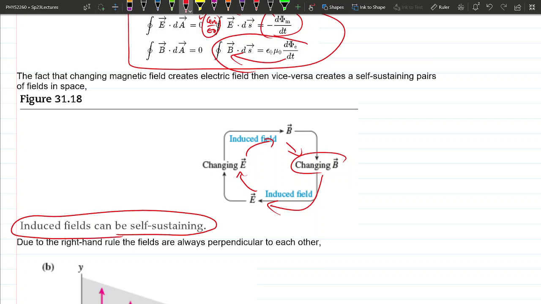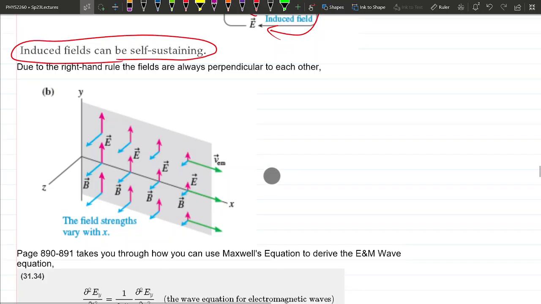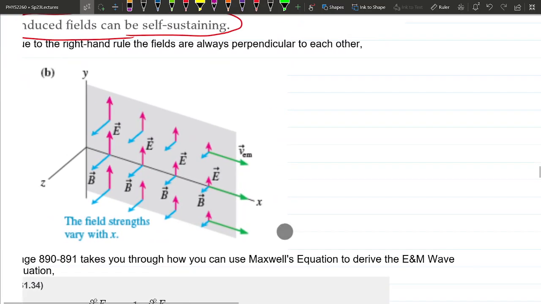And what this looks like for the electromagnetic field case is like this. Let's say you think about the red as electric fields and the blue as magnetic fields. If you have some electric field that's decreasing over time, that will generate a magnetic field.